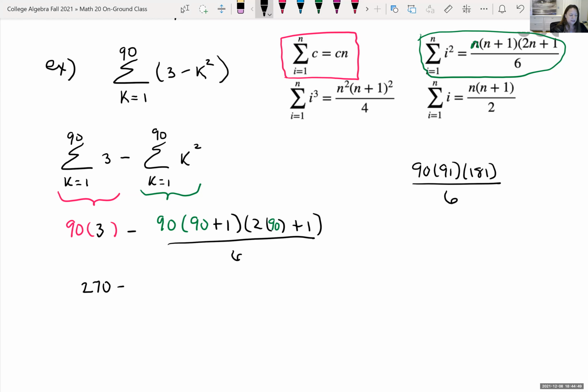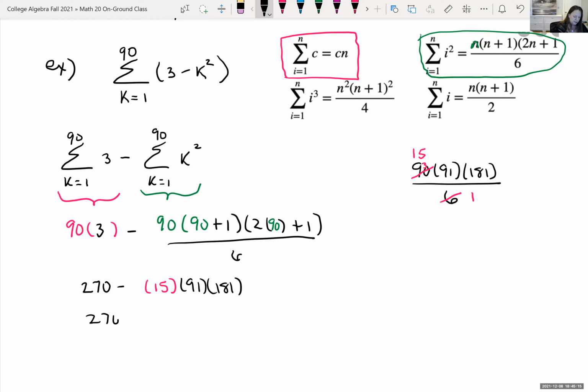Okay, 6 goes into 90 evenly. 6 goes into 9 one time with a remainder of 3. 6 goes into 30 5 times, so we're left with a 15 there. So minus 15 times 91 times 181.